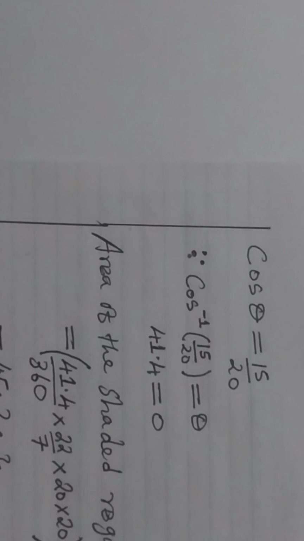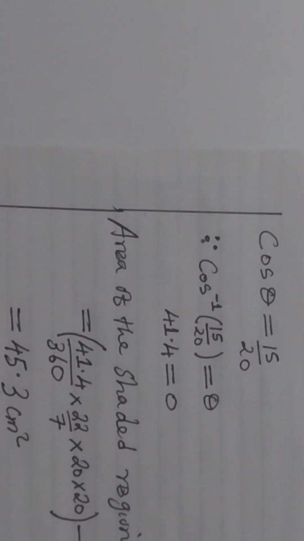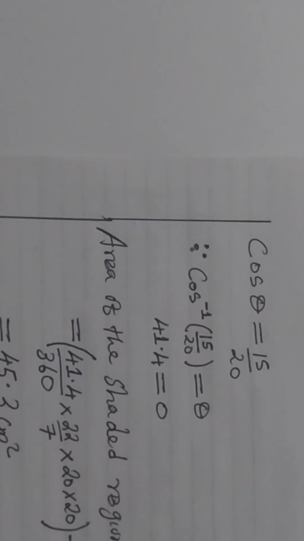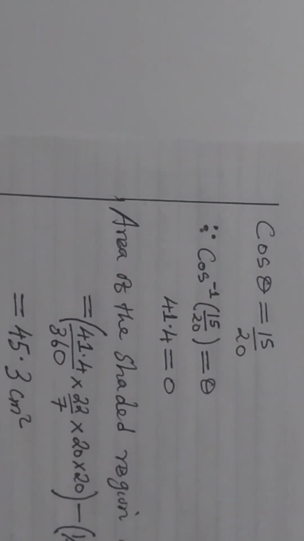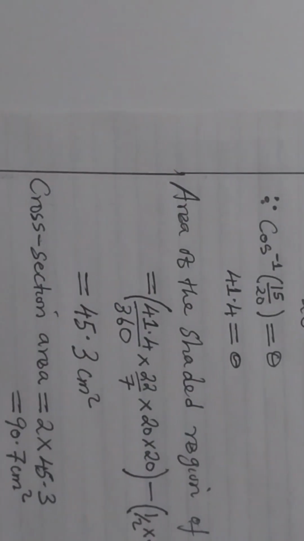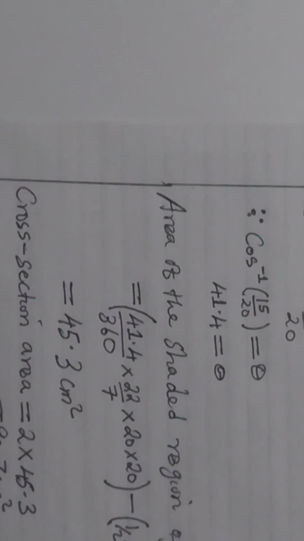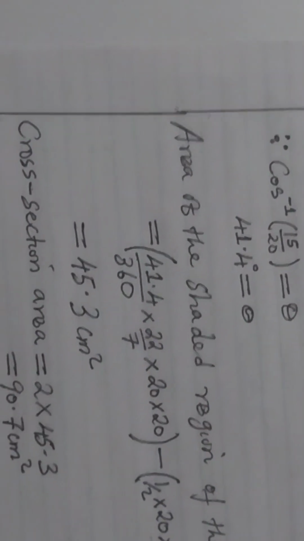So we know that cos theta will be adjacent over hypotenuse, which is 15 over 20. So if we solve and get the cos inverse of 15 over 20, then theta is going to be 41 degrees. You have to indicate that you're talking about 41 degrees.